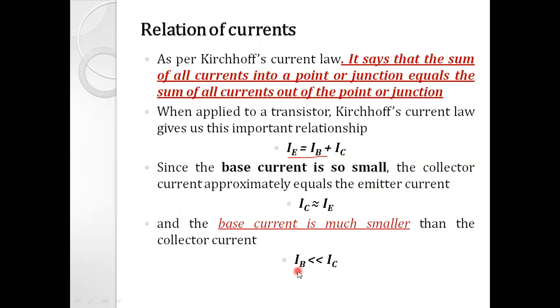But the base current is very much less than the collector current, right? In the previous slide, the point was given that the magnitude of the base current is approximately 1% of the collector current. So you can see that the base current is very small compared to the collector current.